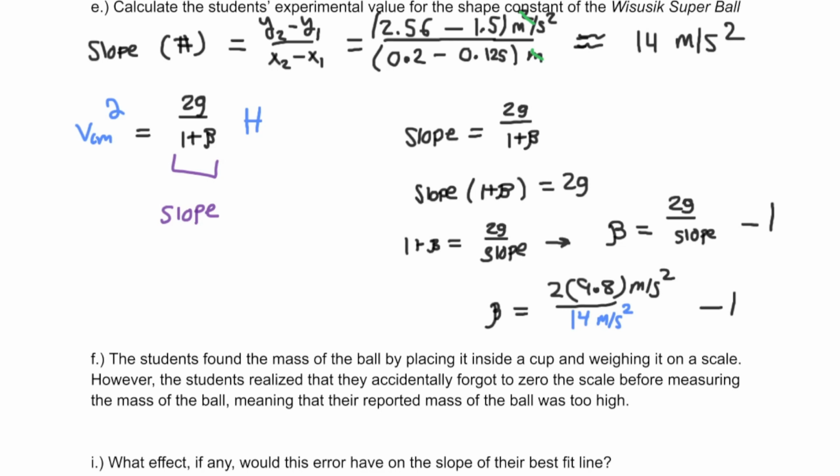And then from there, we get beta is roughly equal to 0.4, which is 2 divided by 5. So notice that actually means that this super ball is pretty close to just being a regular old solid sphere, because 2/5 mr squared is the beta value for that.